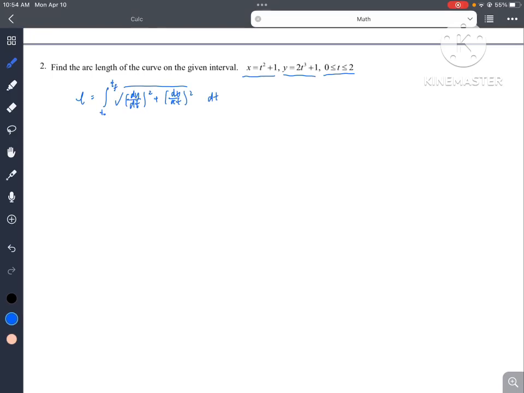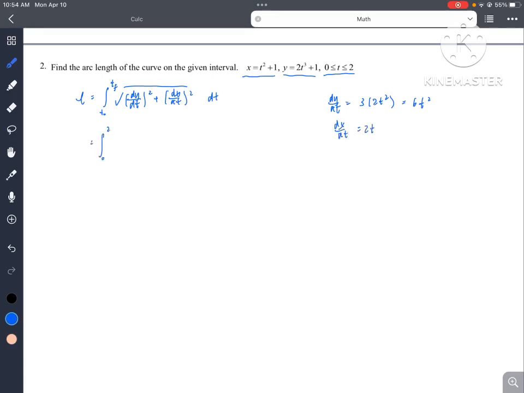So in order to find the arc length, we just use the arc length formula. If you are not familiar with it, consider checking out our previous video in this series. So now let's find dy over dt, which is just the power rule, 3 times 2t squared, which is equal to 6t squared, and dx over dt is 2t.